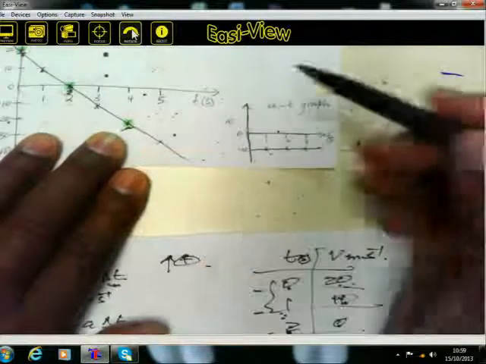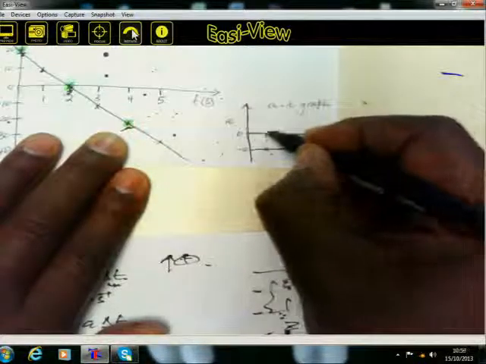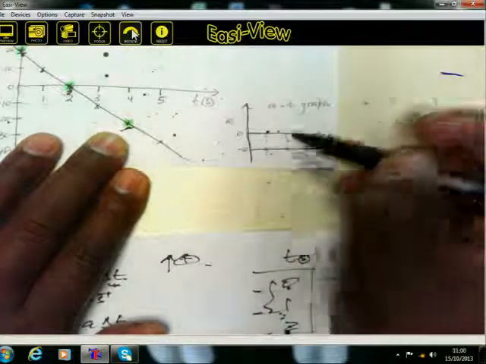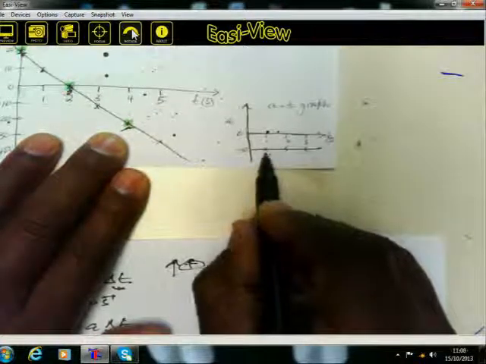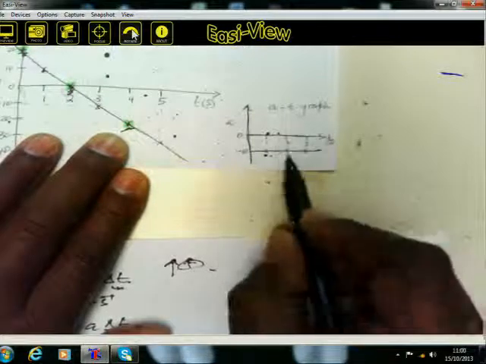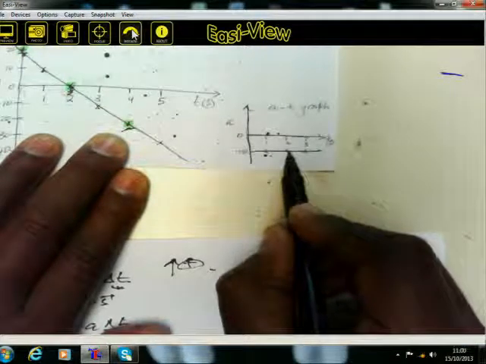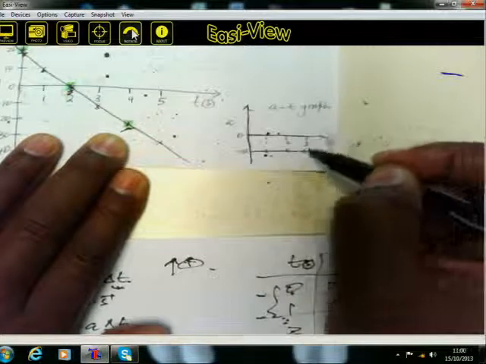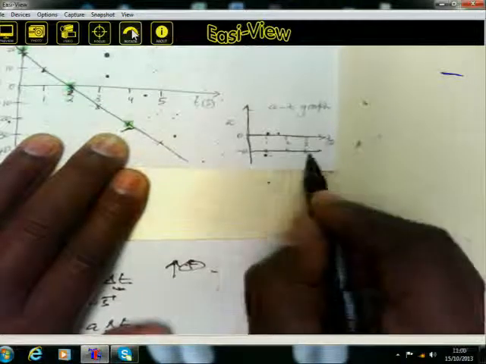the acceleration at time 1 second is minus 10 meters per second squared. At time 2 seconds, the acceleration is still minus 10. At time 3 seconds, the acceleration is still minus 10.